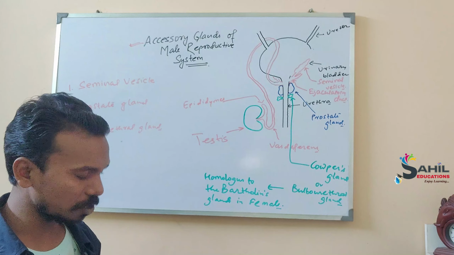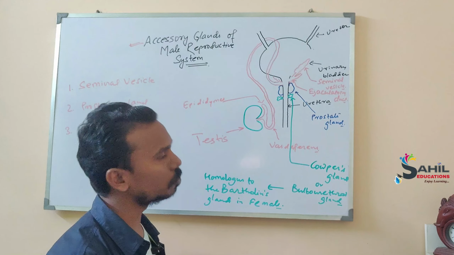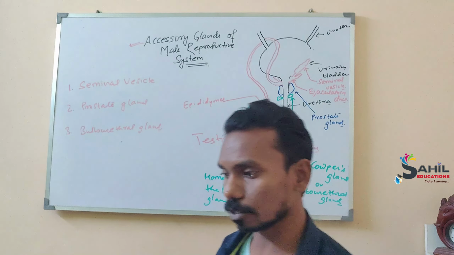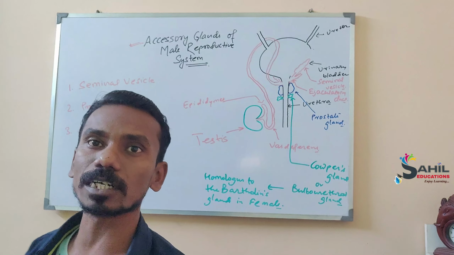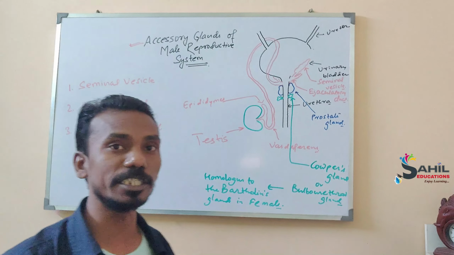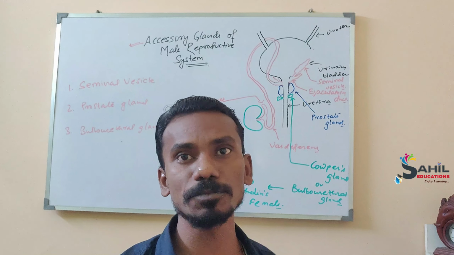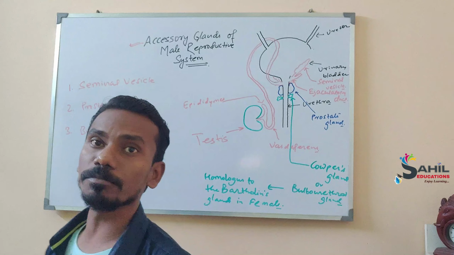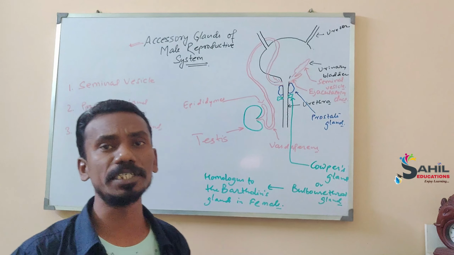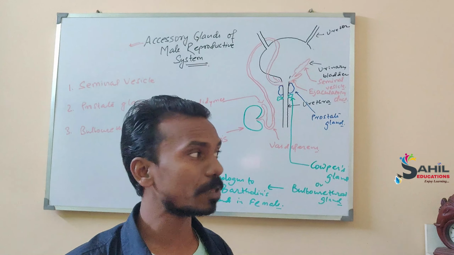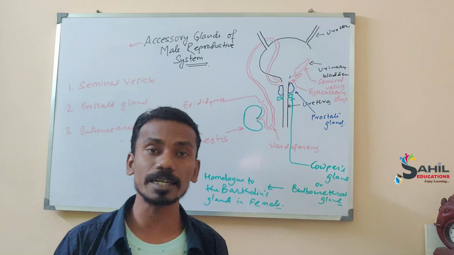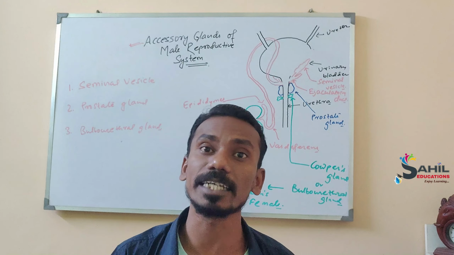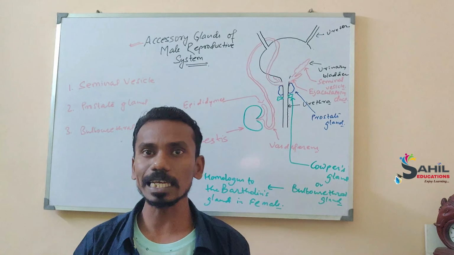Sperms ejaculate through the urethra, through the urethral meatus, and the semen needs to contain some nutrients, some enzymes, and some medium that is acidic or basic, so that the sperms can enter the female reproductive tract and interact with the ovum very easily.